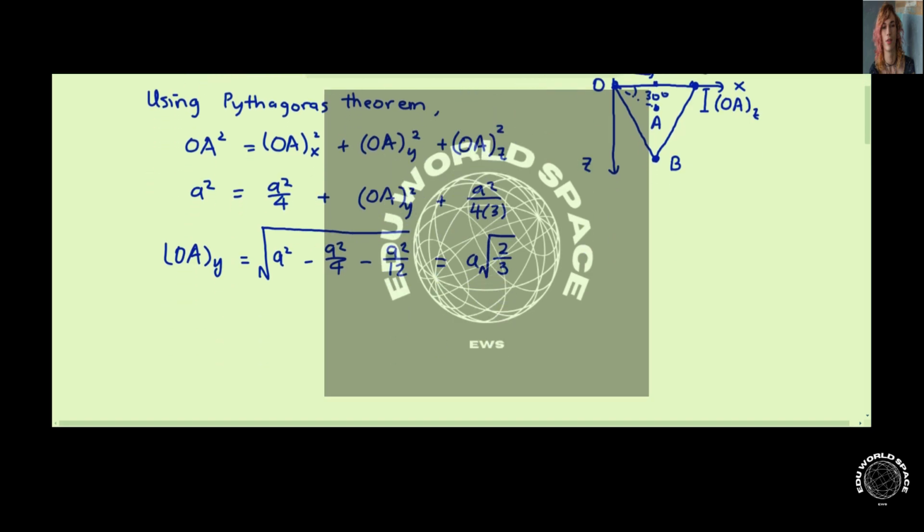Okay, so we have the position vector of point A relative to O. This is equal to A over 2 I hat plus A times root 2 over 3 J hat plus A over 2 root 3 K hat.